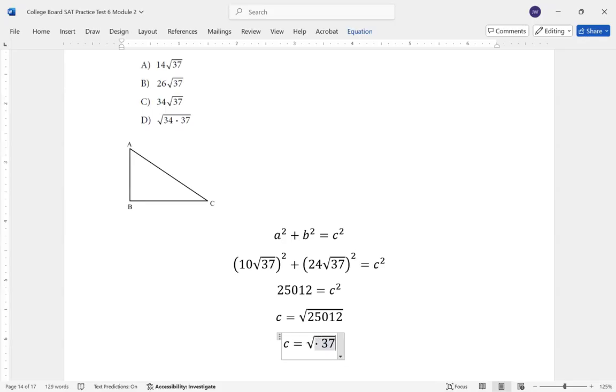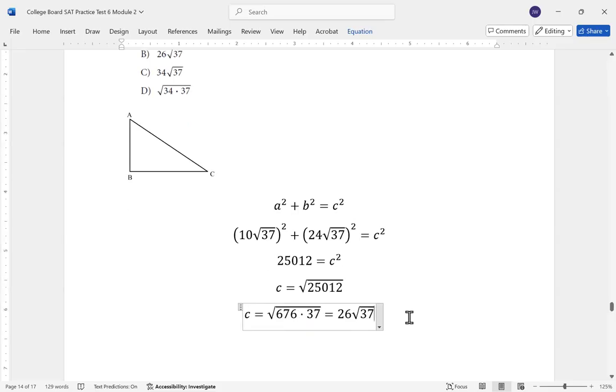So take that number, 25,012, and divide by 37, you get 676. And it turns out we can take the square root of 676. That gives me 26. So I end up with 26 times the square root of 37 as the length of the hypotenuse, that is the length of AC.